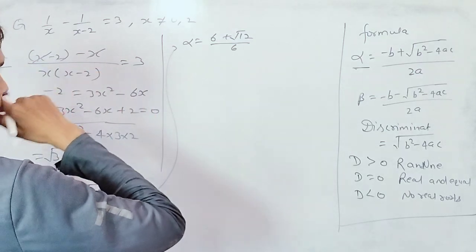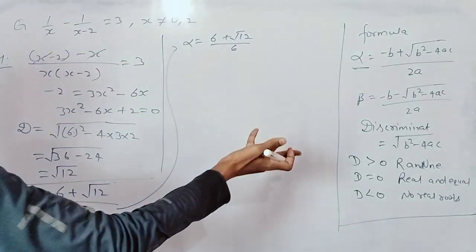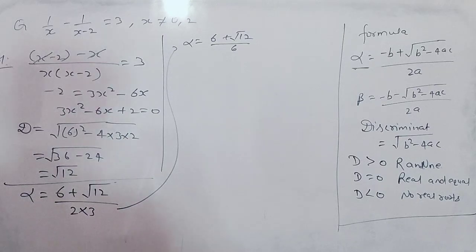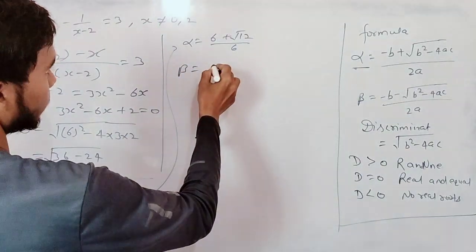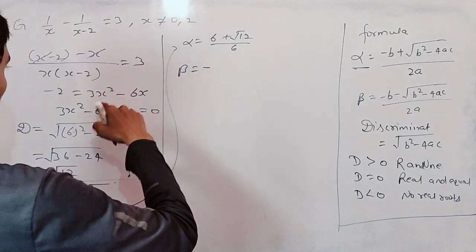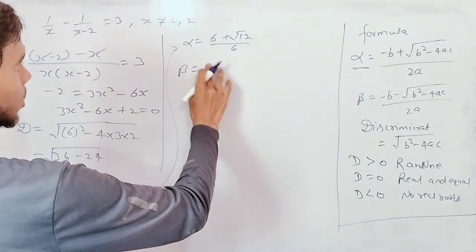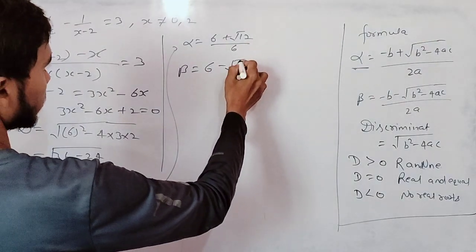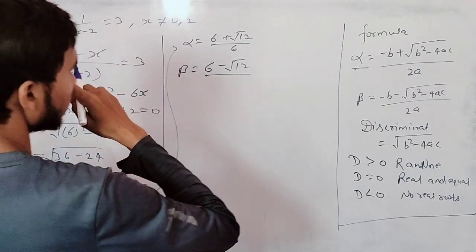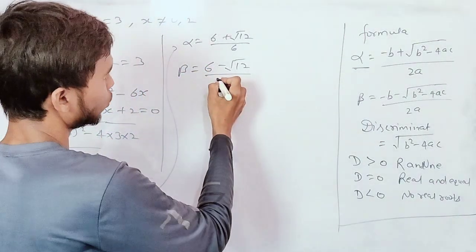That's it. Now beta: minus b. So where is b? It is 6 minus root 12 upon 2 multiple 6.